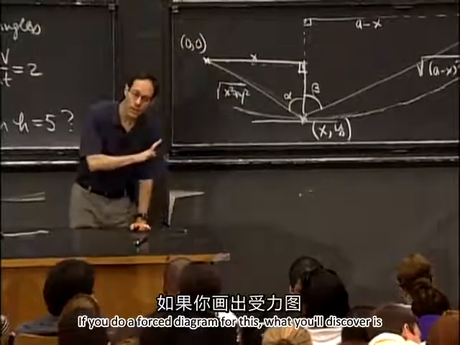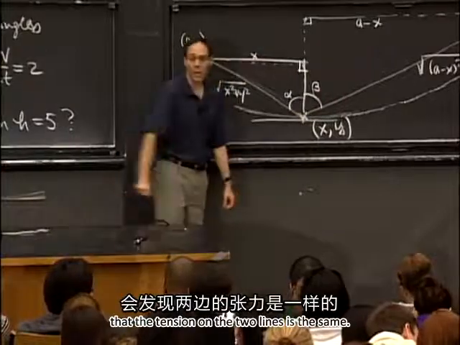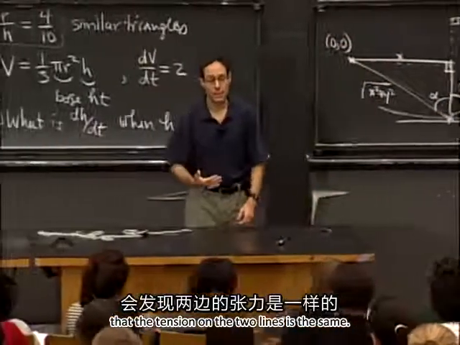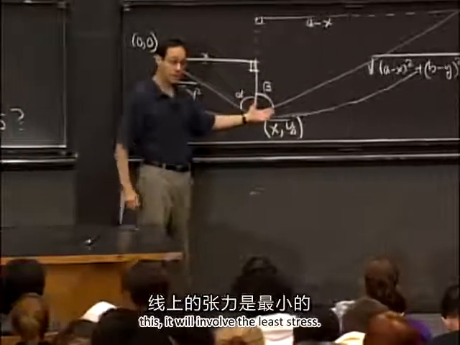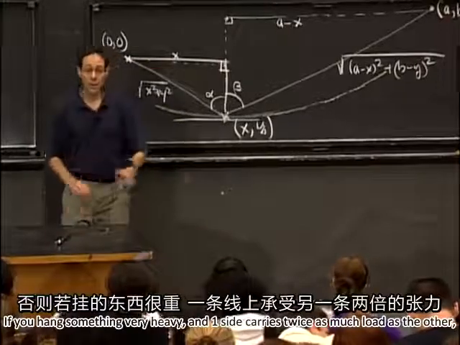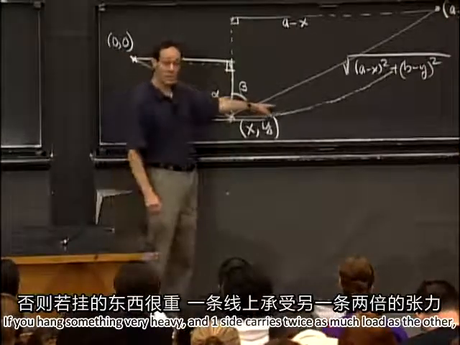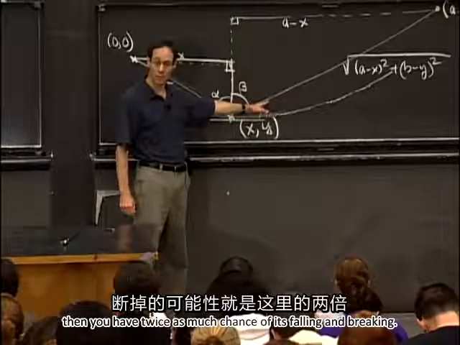If you do a force diagram for this, what you'll discover is that the tension on the two lines is the same, which means that when you build something which is hanging like this, it will involve the least stress. If you hang something very heavy and one side carries twice as much load as the other, then you have twice as much chance of its falling and breaking.